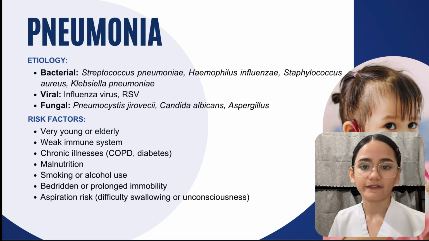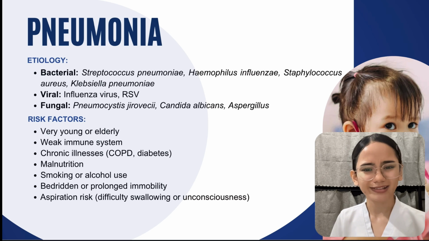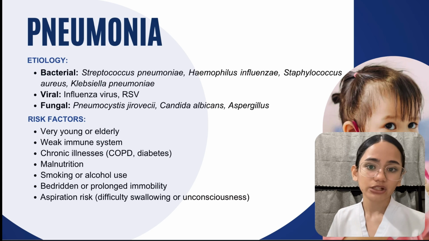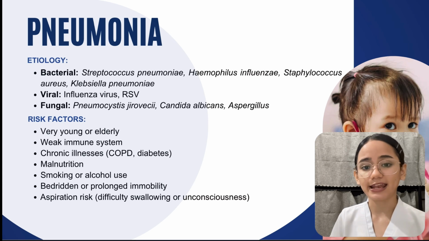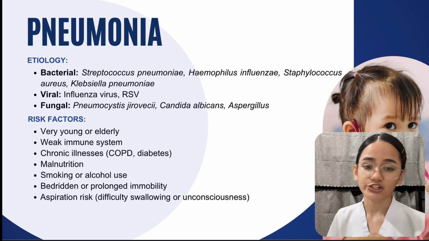For viral, we have the influenza virus and respiratory syncytial virus, which are milder but highly contagious, often following colds or flu. For fungal, we have Pneumocystis jirovecii, Candida albicans, and Aspergillus, which are usually seen in patients with weak immune systems, such as those with HIV or undergoing chemotherapy.